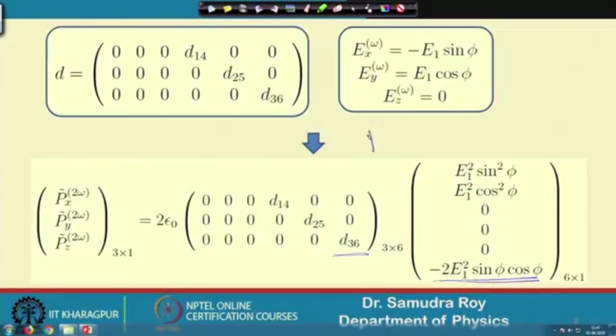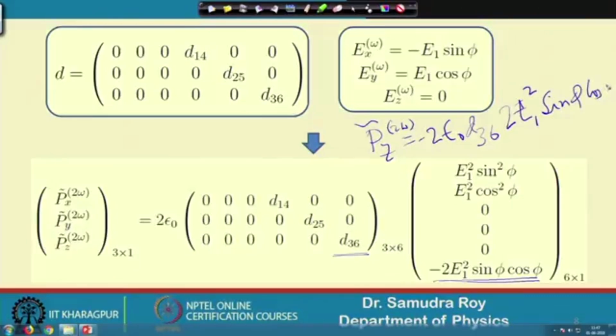So, p z tilde 2 omega, let me write it here so that you can understand, this term will be simply 2 of epsilon 0, this we always have, then d of 3 6, and then with a negative sign another 2 term is sitting here, E 1 square will be there, and sin phi cos phi.